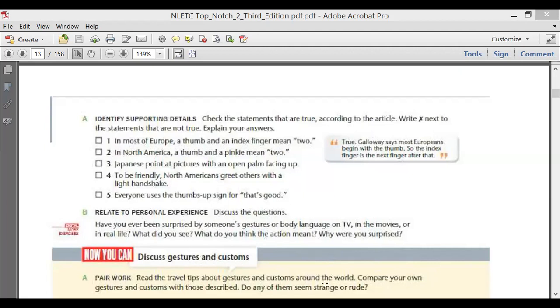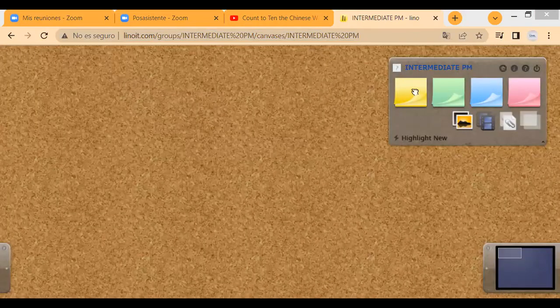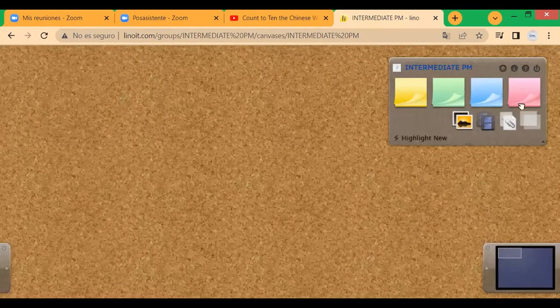Okay, in this link, you're gonna do this. For example, this is a board and you can select your color, okay? And you can type on it. For example, number 1, true. Because this, and this, okay? So you can choose the colors that you want. Go ahead. You got it?